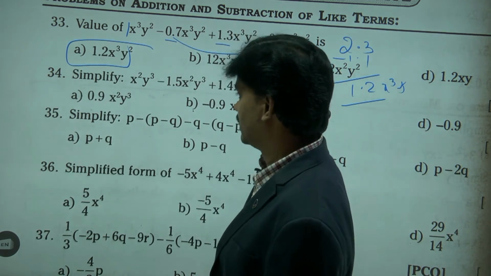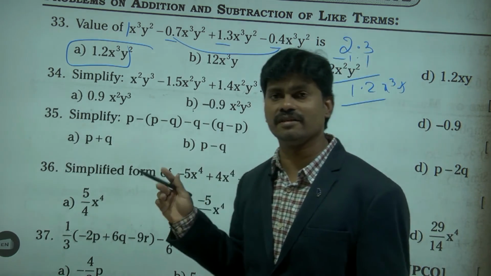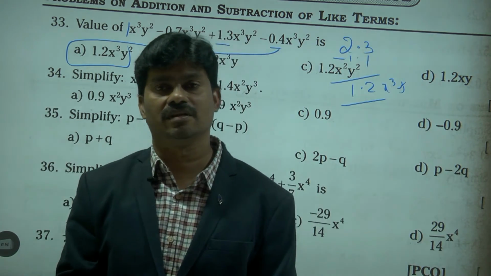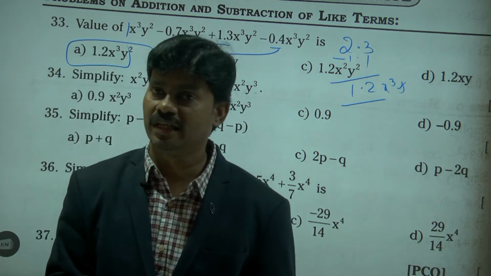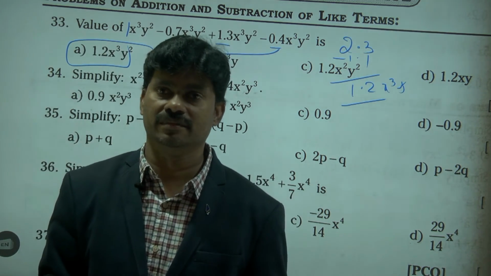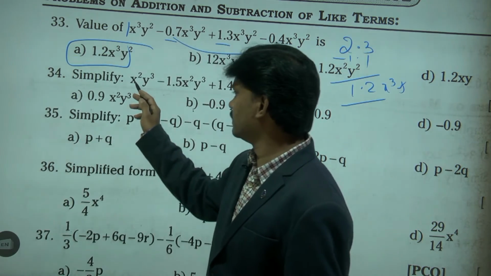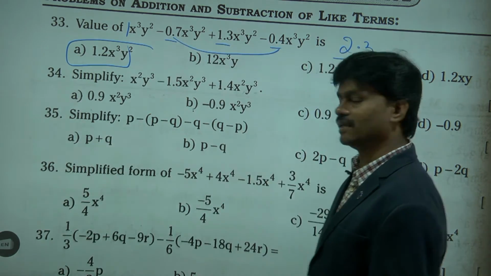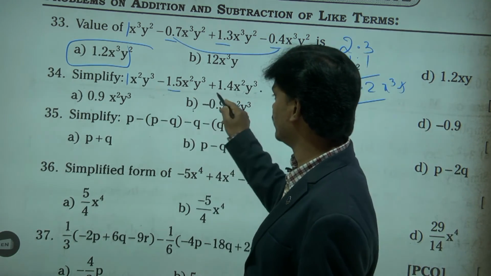Right? Next, 34 is also the same. First we have to check whether all the terms are like terms or unlike terms. If any one is unlike, we don't add or subtract, we separate them. First we have to check that. So here x power 2 y power 3, x power 2 y power 3, x power 2 y power 3, all are like terms. Let's take the numerical coefficients 1, 1.5, 1.4.